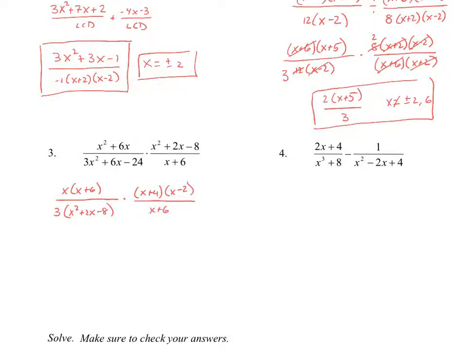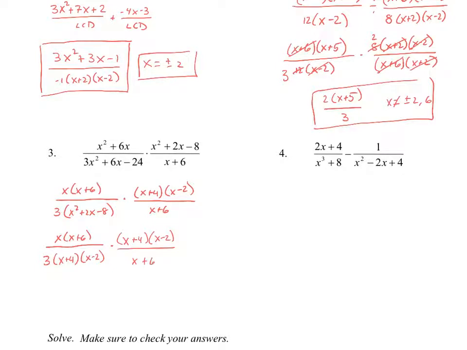We just got to do a little more factoring on the left-hand denominator. 3 times x plus 4 times x minus 2, and that is times x plus 4 times x minus 2 over x plus 6, excuse me.